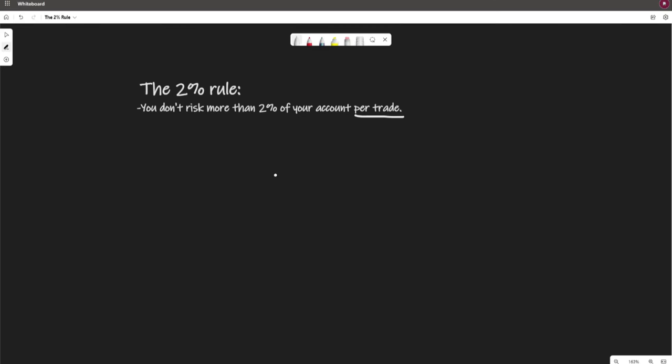Let's say you have a $3,000 account, and this applies even if you have a $1,000 account, a $10,000 account, a $5,000 account. It doesn't matter. This applies to everybody. Just make sure it's 2% of your account. 2% of your account equals $60.